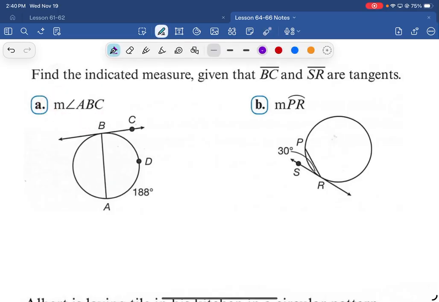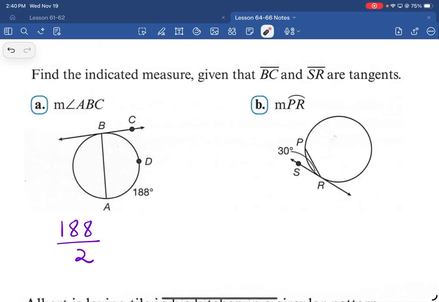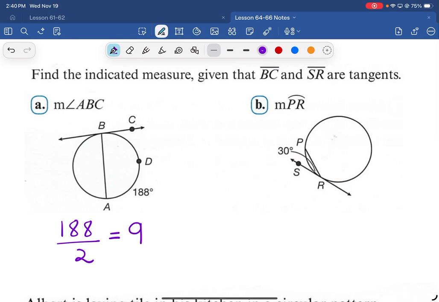Divide 188 by 2. Perfect. It tells us in the theorem that if we divide by 2, because the arc is double the angle, or another way to say that is the angle is half the arc. Well, since they gave me the arc, Harper knew to divide by 2, and what does that give me? 94 degrees, and then write this for me, measure of angle ABC.